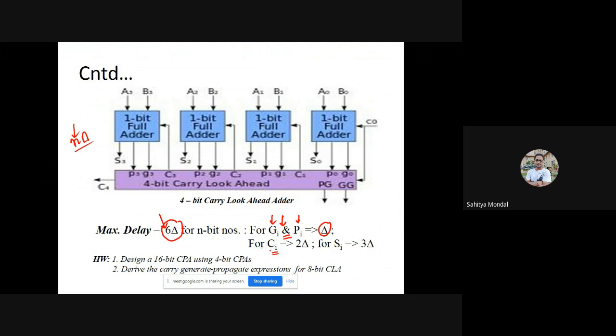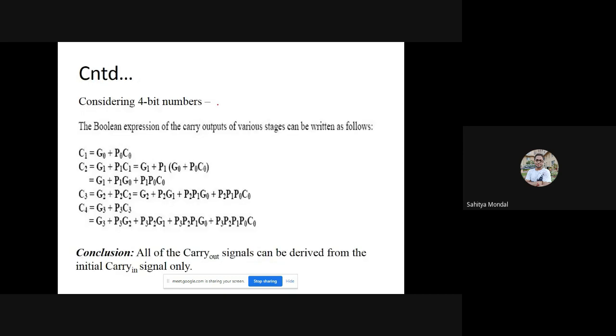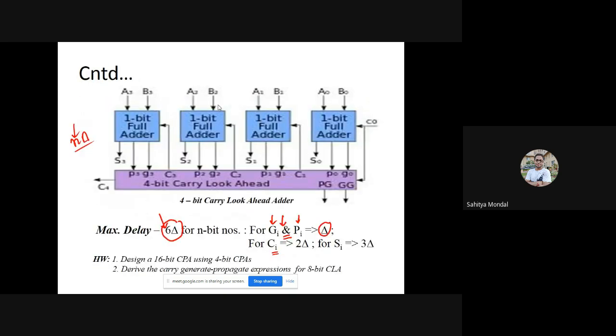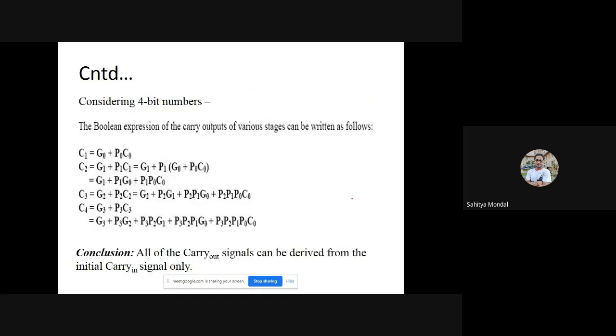For CI, that is generating the carry, how many circuits are required? One is the OR operation, another one is the AND operation. So 2 delta units of time. Now finally SI. To calculate the SI, we require an XOR operation.